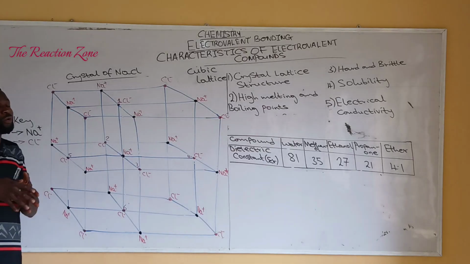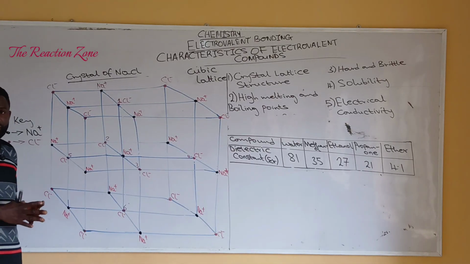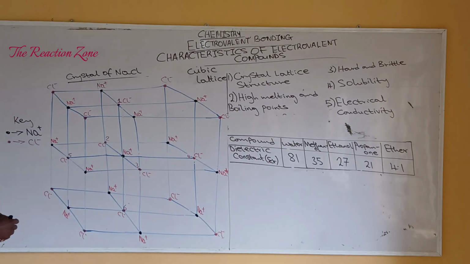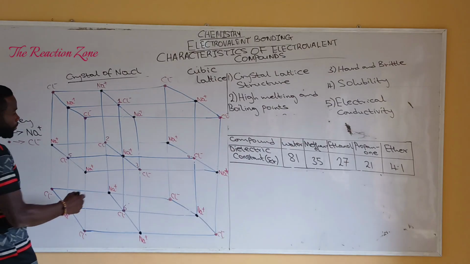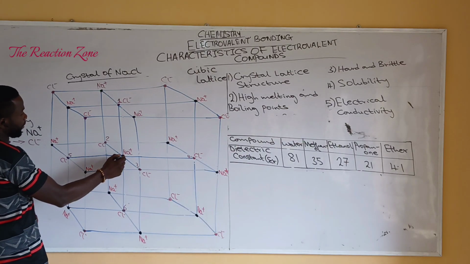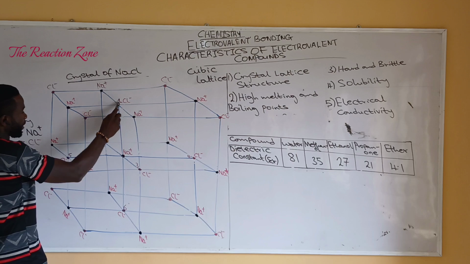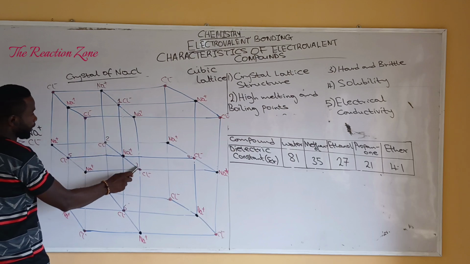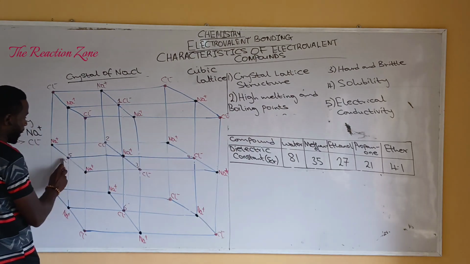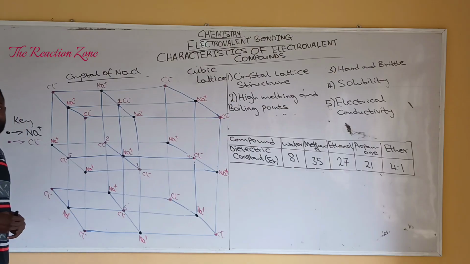Also, each chloride ion is surrounded by 6 sodium ions. For example, look at this sodium ion here. It is surrounded by 6 chloride ions. 1, 2, 3, 4, 5, and 6.